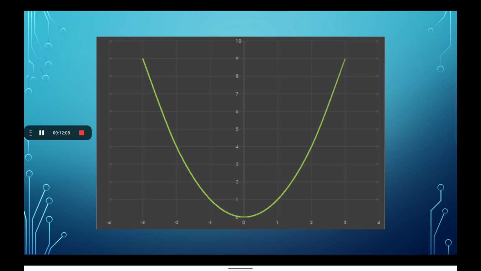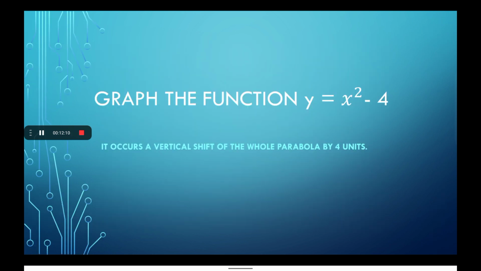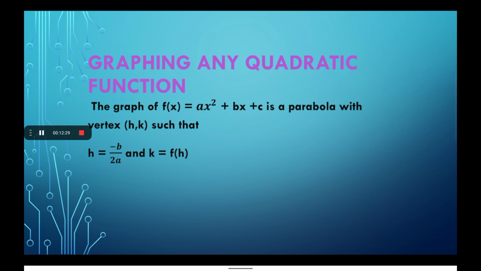This is an example of a parabola graph. If we draw the graph y equals x square, this is a quadratic function, and the parabola shifts vertically downwards. We have seen this in the transformation of functions.